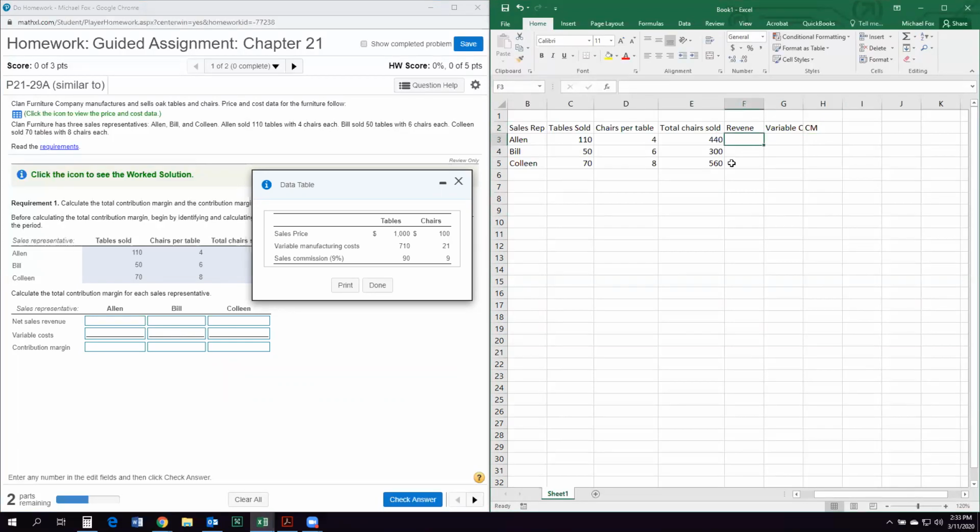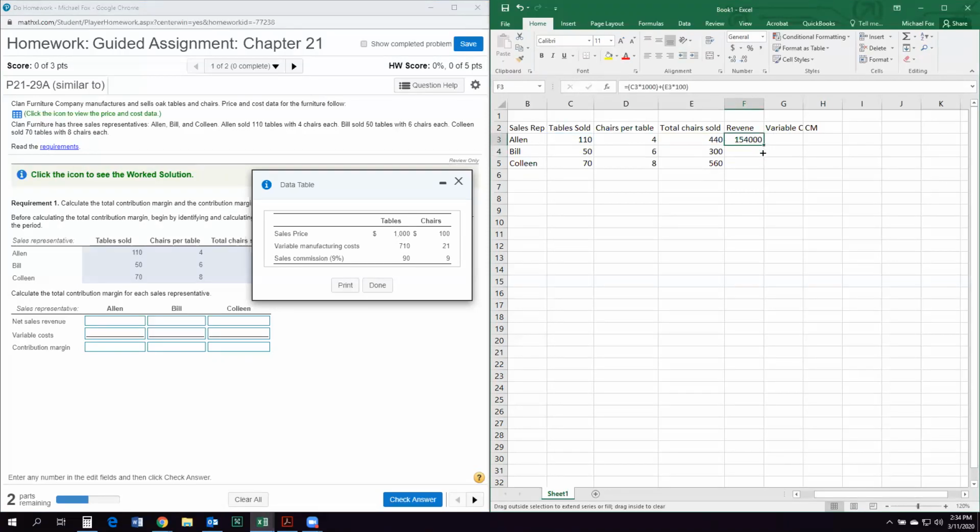So Alan's revenue, we can see right here that tables sell for $1,000 and chairs for $100. So Alan's revenue is going to equal the number of tables he sold times 1,000 plus the total number of chairs he sold times 100. That'll be the total revenue generated by Alan.